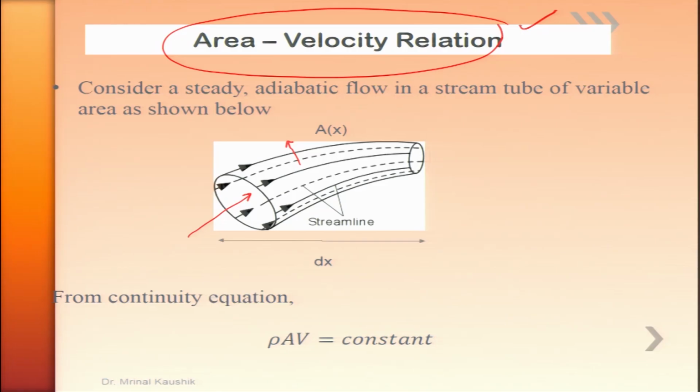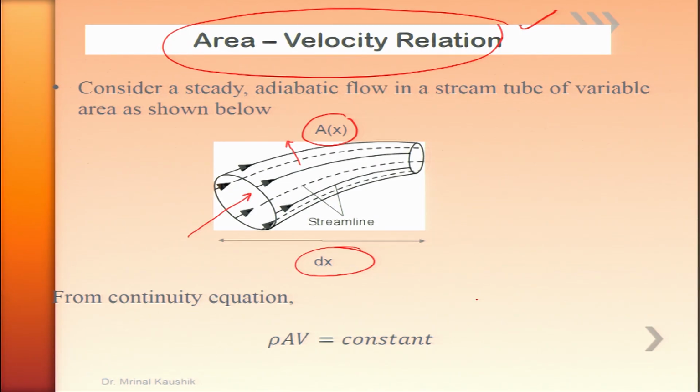With that concept in mind, let this stream tube be of length dx, and we allow a spatial variation of the area. Let the variation coordinate be x, so the area varies from this place to this place with respect to x.